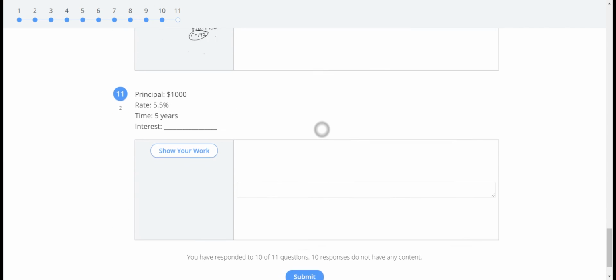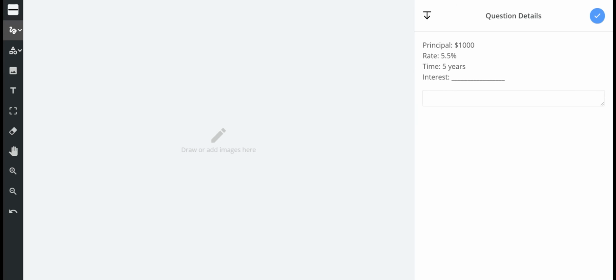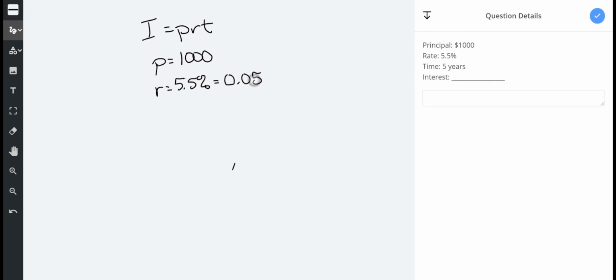All right, number 11. The principal is $1,000. The rate is 5.5%. Time is in years, so we're solving for the interest. So we're using the equation I equals PRT, and they actually have defined each part for us. But we're going to write it down regardless. The principal is $1,000. The rate is 5.5%, which I'm going to convert to a decimal. Time is 5, meaning 5 years.